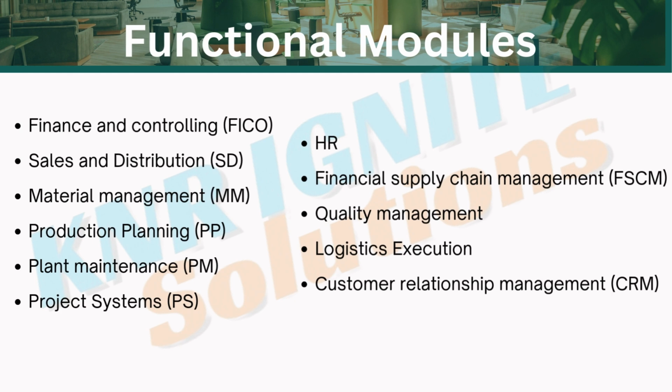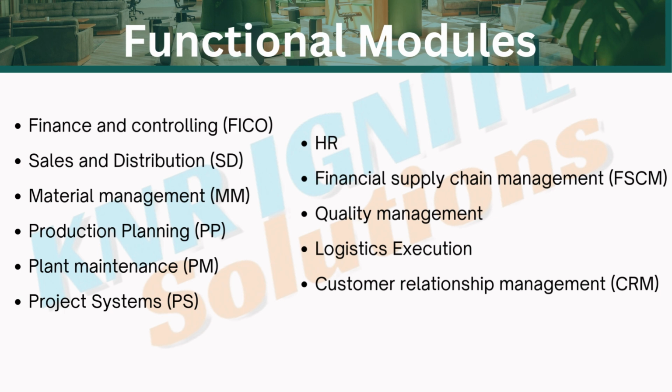There are other functional modules which you can look at here on this screen that I'm showing, like finance and controlling, which is your FICO, and sales and distribution, material management, production planning, plant maintenance, project systems, HR, FSCM, quality management, logistics, CRM.